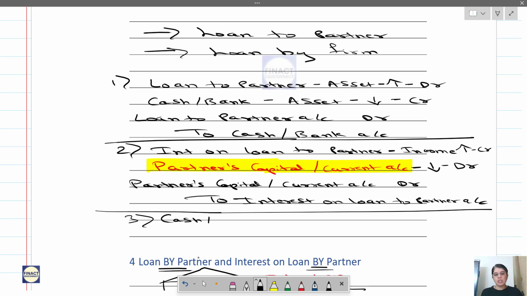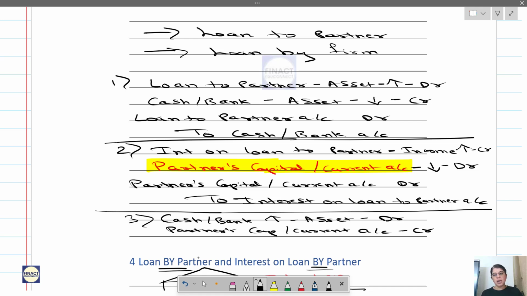See, your cash or bank balance will go up, it's an asset, so debit. And we have received it from the partner. So your partner's capital or current account will be credited. Why? Because we have already charged it in partner's capital and current account. So now we had already reduced this balance from partner's capital and current account, but partner is paying it.